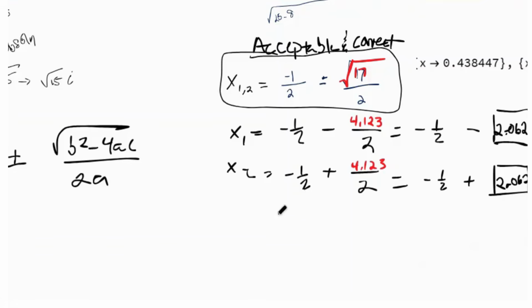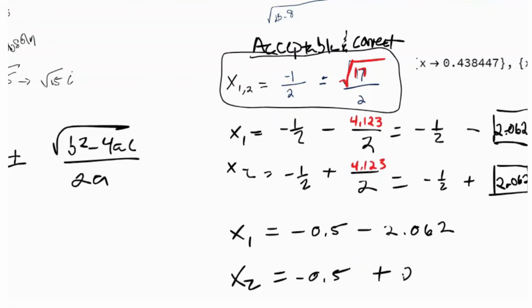So then now you've got these two solutions. x1 is equal to negative 0.5, because that's what negative 1/2 is, minus 2.062, and you have x2 is equal to negative 0.5 plus 2.062. And now you do the last bit and get the approximation.